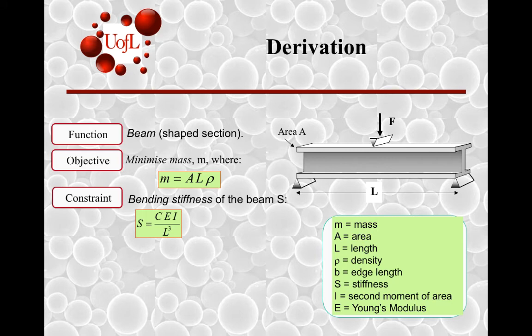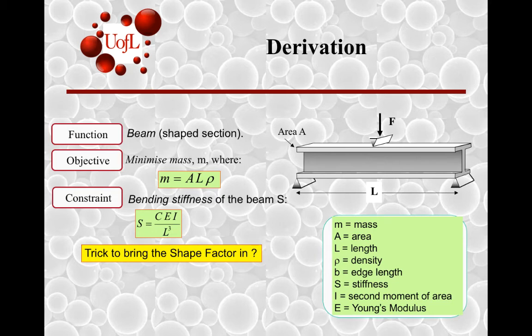And the constraint is the stiffness, which is some constant C, which depends upon the geometry, times EI divided by L cubed. And the appendix that we saw gives a whole number of values for C and I. E depends on the material and L cubed is a geometric constraint.